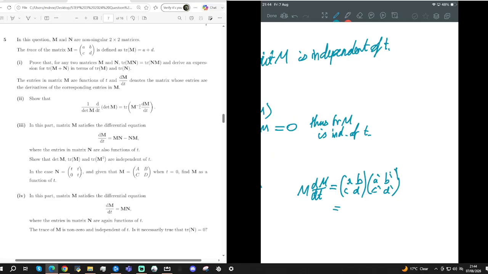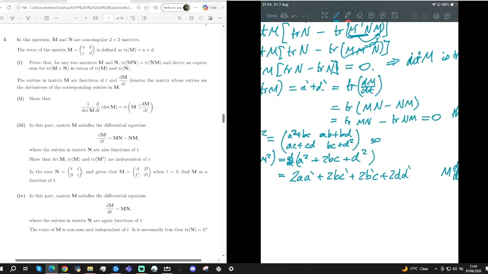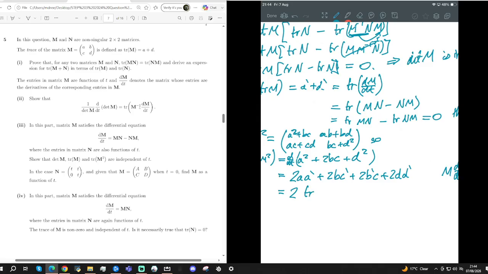So if I do multiply this out, I get a dash a, bc dash, and in the bottom corner, I'm getting b dash c plus d dash, which is exactly what it is. So this thing is 2 lots of the trace of M dM by dt.